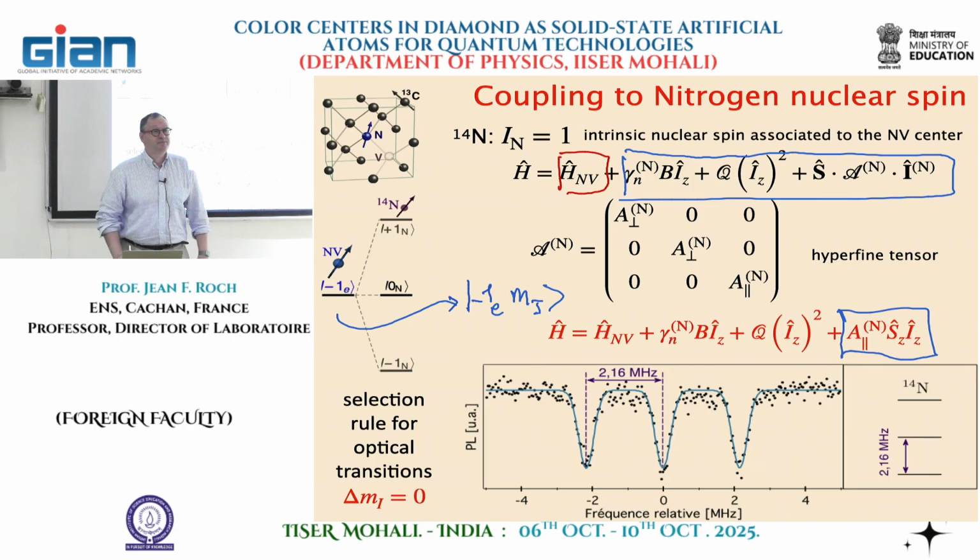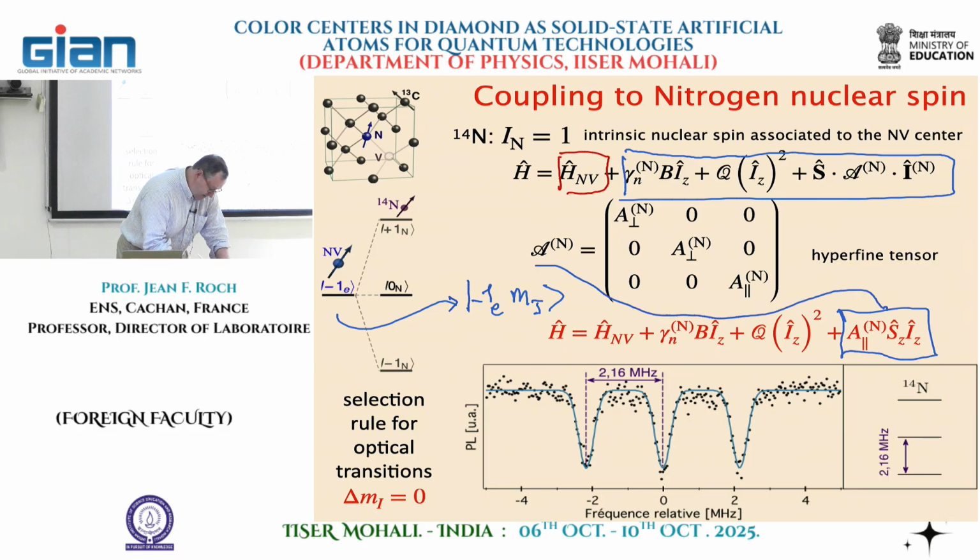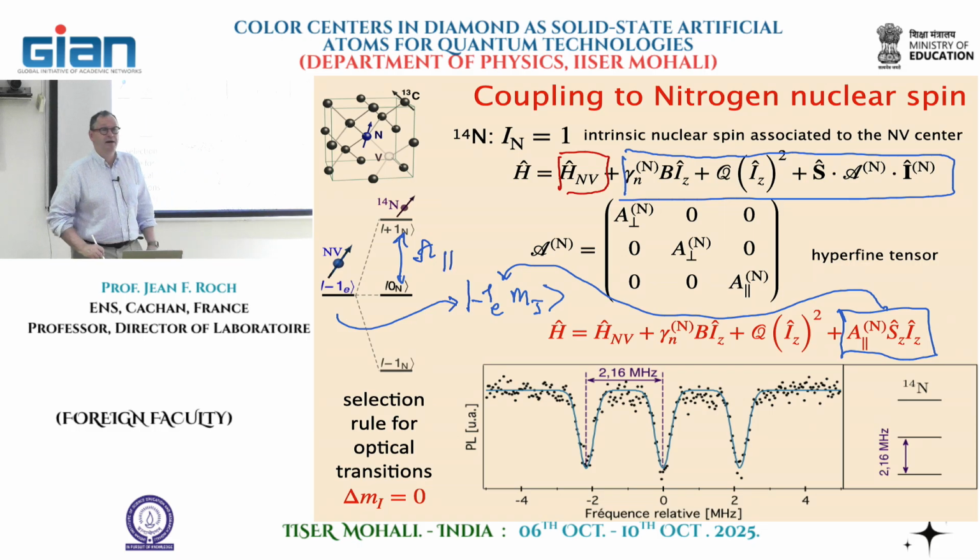When I take into account this term acting on this level, it removes the degeneracy, and the splitting will depend on the value of ms and of mI. So for instance, that level will now be split into 3 components, separated by an energy difference which is just A parallel, the hyperfine interaction. That occurs both in the ground state, and we know that we have the same spin structure in the excited state, so we also have the same structure in the excited level.